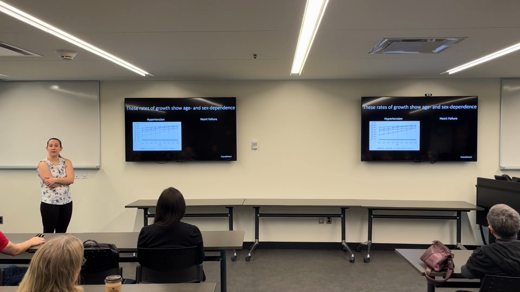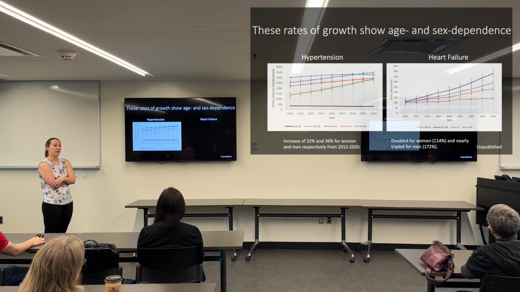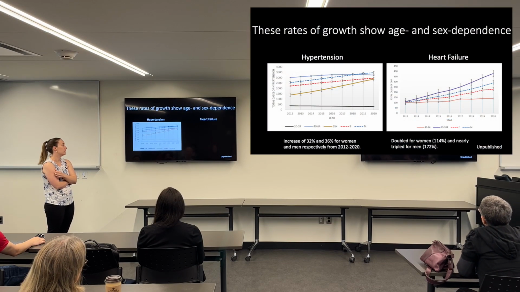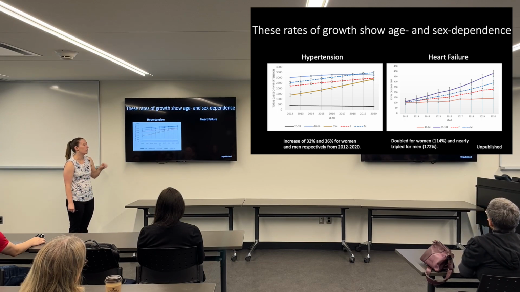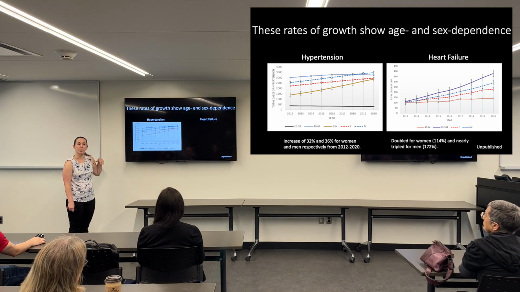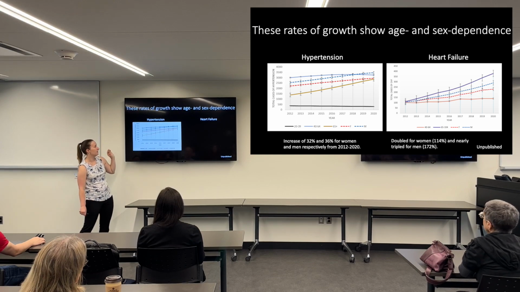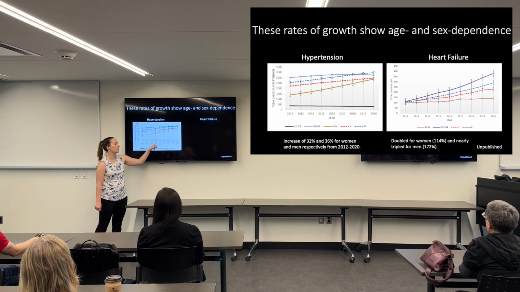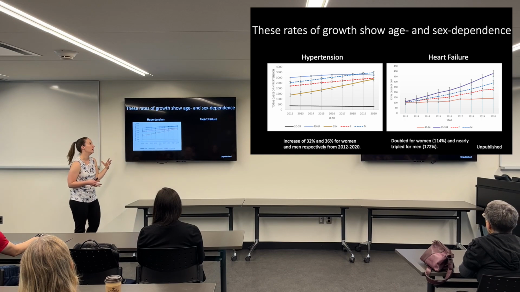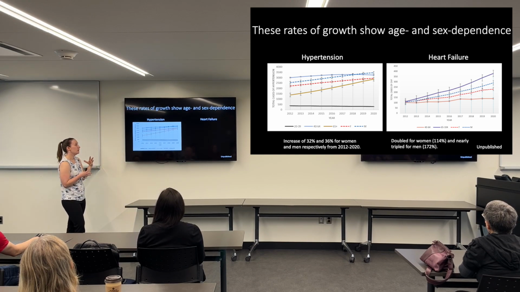Another way that we can analyze the data is by breaking it down into age cohorts as well as male and female differences. So this graph is a little bit more complicated, but I'll go through it kind of step by step for you. So this is hypertension. So people 20 to 39, there was no real increase in the number of cases.